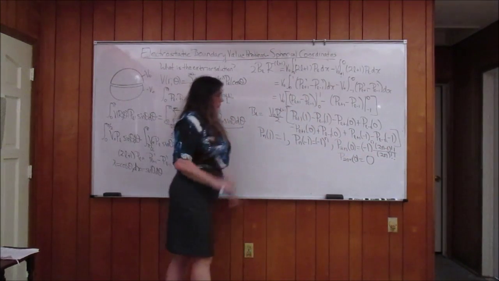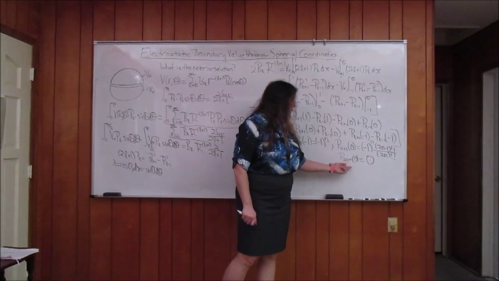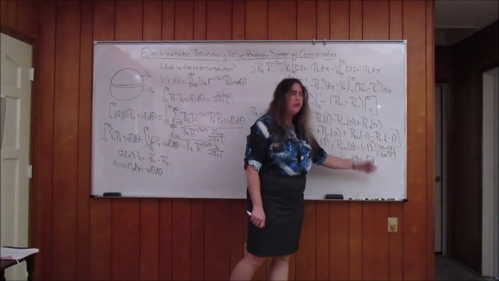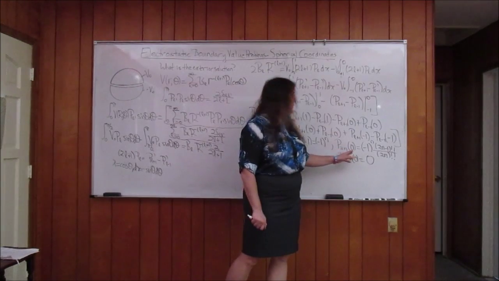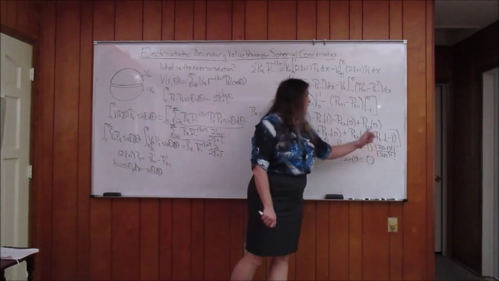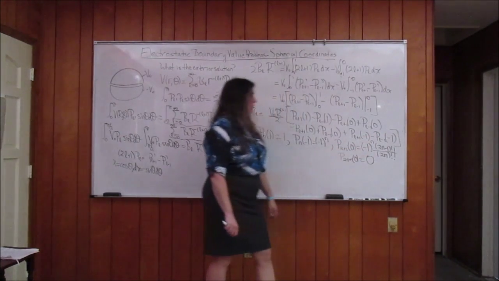So anyway, the point of it is that odd orders of Legendre polynomials evaluated at 0 are equal to 0. For even orders evaluated at 0, it's a more complicated expression. It's minus 1 to the n times double factorial of 2n minus 1 all over double factorial of 2n.